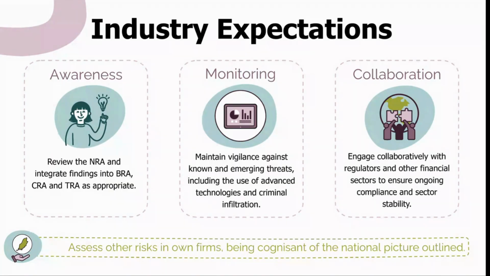Collaboration is also key to ensuring effective controls. Firms should continue actively engaging with supervisors and with other agencies where appropriate, particularly through the FIU's Financial Crime Partnership that has been mentioned today. Sharing information and maintaining that open dialogue helps ensure that controls are well informed, proportionate and consistent where required.